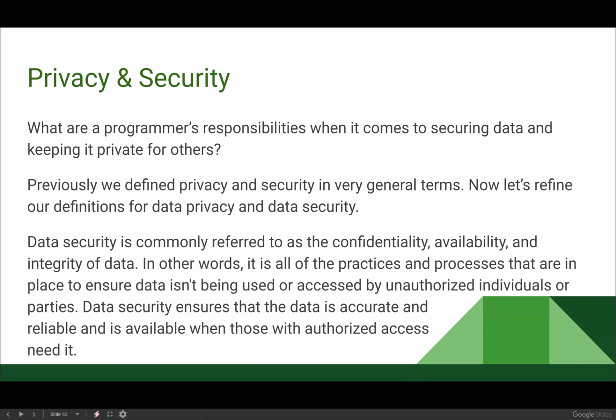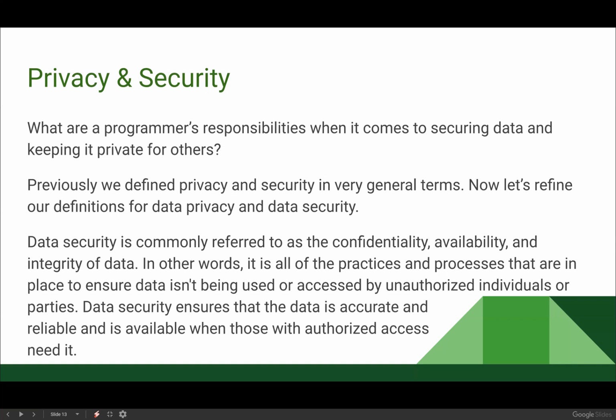And data security is commonly referred to as confidentiality, availability, and integrity of data. In other words, it is all the practices and processes that are in place to make sure our data isn't being accessed by unauthorized individuals or parties, making sure that people who aren't supposed to get our data don't get our data.